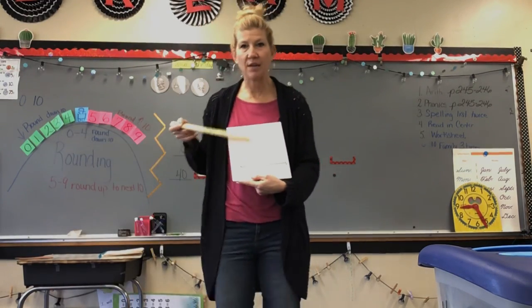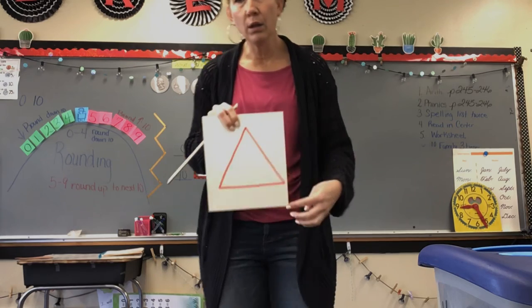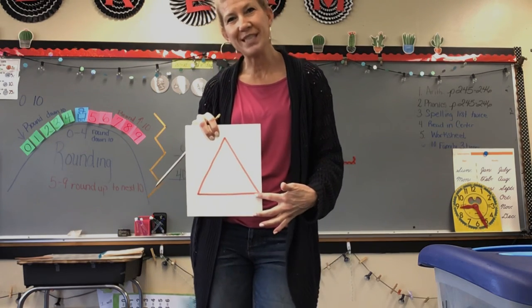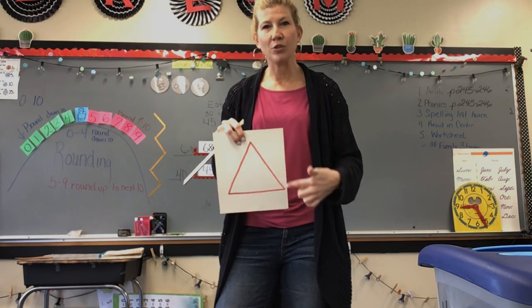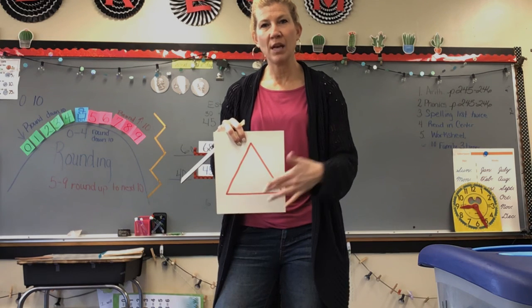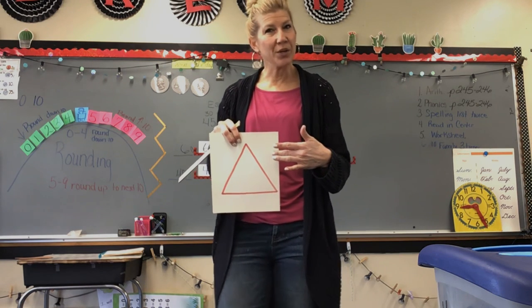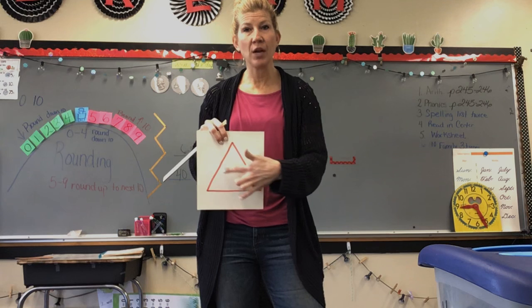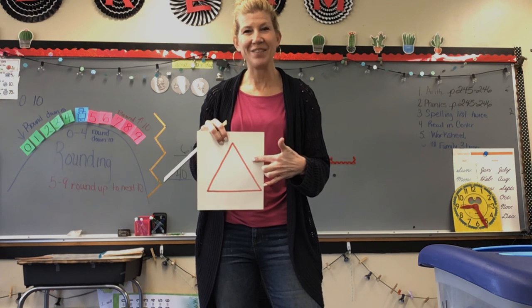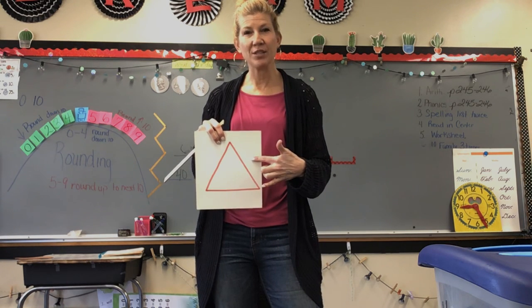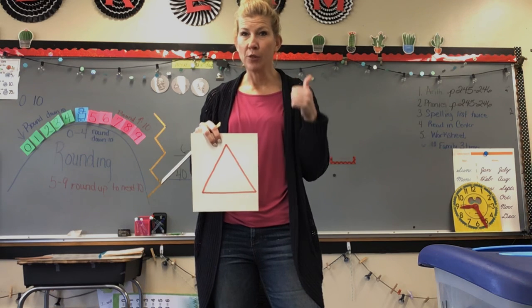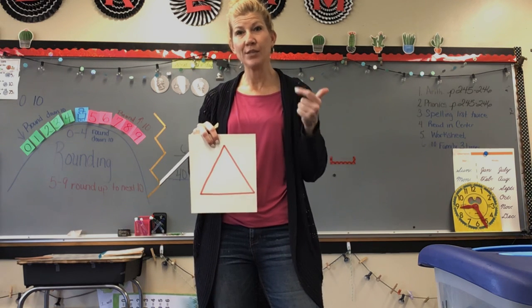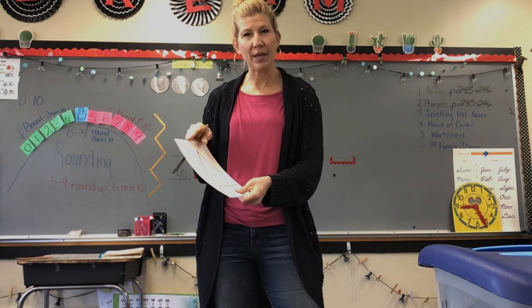So if this is 7, what will this side be? This would also be 7. And this would also be 7. 7 plus 7 plus 7, or we could say 7 times 3. And we know that the answer is count by 3s, 7 times. 3, 6, 9, 12, 15, 18, 21. So that would be that answer.